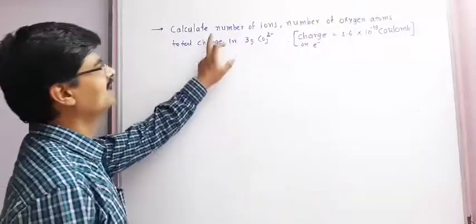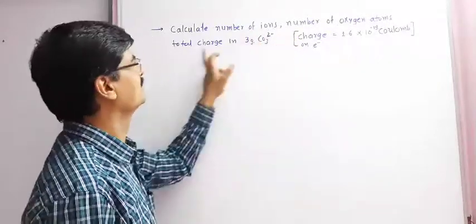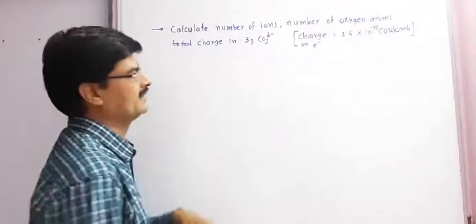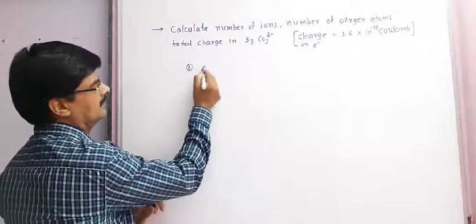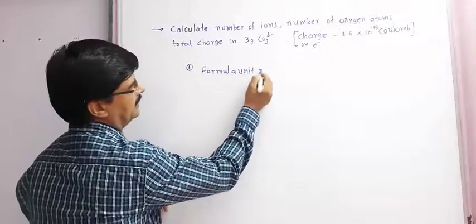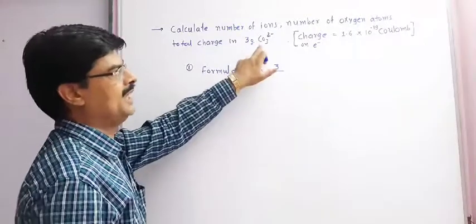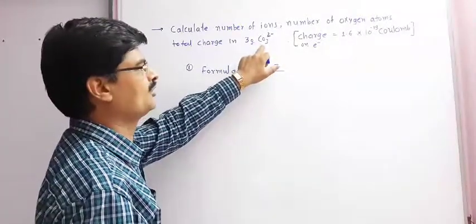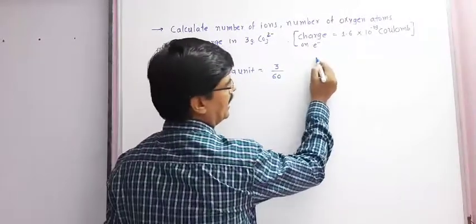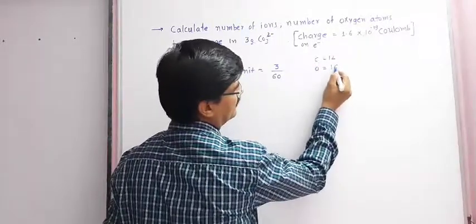In the next sum, we have to calculate the number of ions, number of oxygen atoms and total charge in 3 gram carbonate ion CO3 2-. So first of all, formula unit is equal to 3 gram divided by the formula mass of the CO3 2- ion, which is 60. The atomic mass of carbon is 12, of oxygen it is 16.